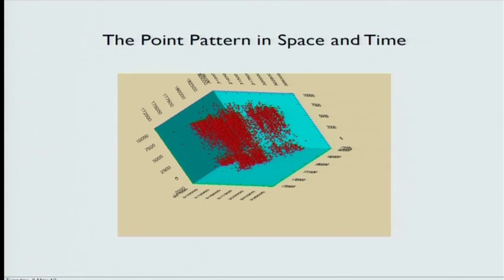But what I'm doing here is I'm doing them in time and in space. So the x and the y here, the base of this cube, are just the location throughout Cardiff, and the time factor is then this z direction, the up and down direction, and each point here represents the location in space where a crime occurred and the time of day it occurred.